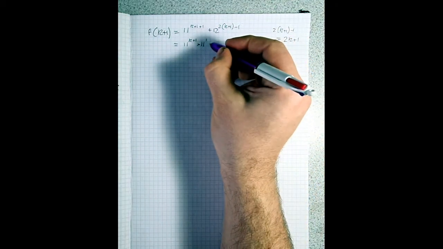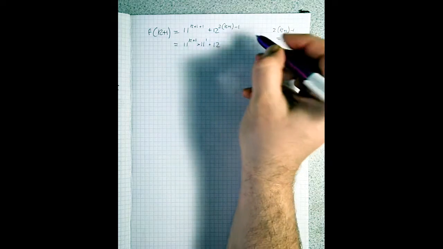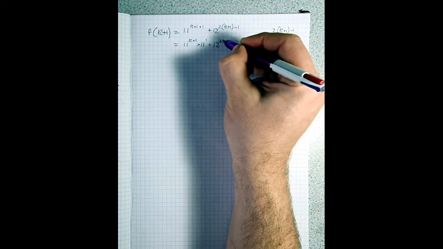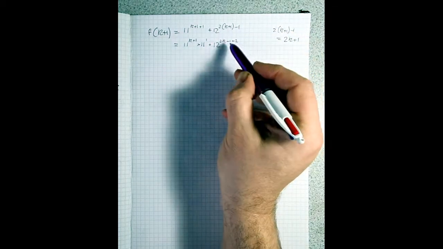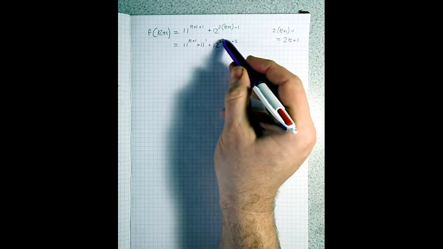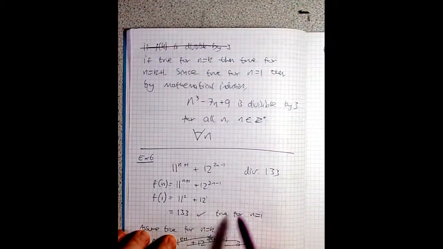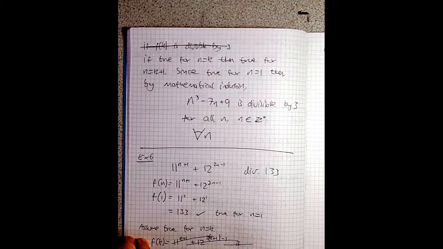And I'm going to write this as 2k minus 1 plus 2. And the reason that I've done that is because I need that 2k minus 1, because remember, I want to take out my f of k.